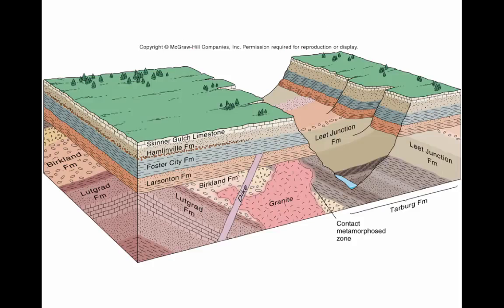So, a trip through time. Here's an example, and you will see some of these in the course as you go through the assignments. Here is an illustration of a piece of land, and you can see that there is a river valley. But if you could strip away the Earth and look down inside, you would see that a lot of geology has occurred over time.